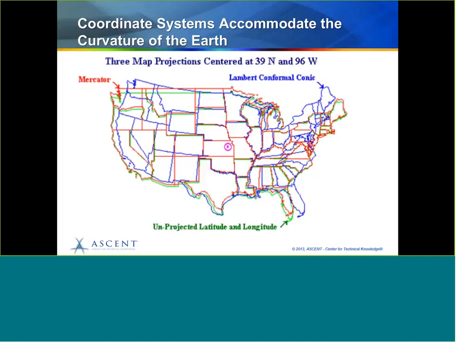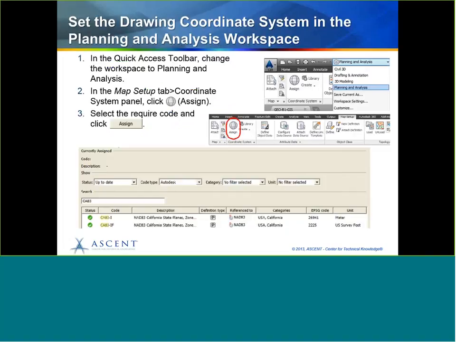It actually accommodates the curvature of the Earth, and we can see 3 different coordinate systems. And that central point, you can see it's 100% accurate at the central point, but as you get further and further away from that central point, you can see the distortion happen. And so we want to make sure that we're using coordinate systems, of course, that mitigate that and minimize the distortion values.